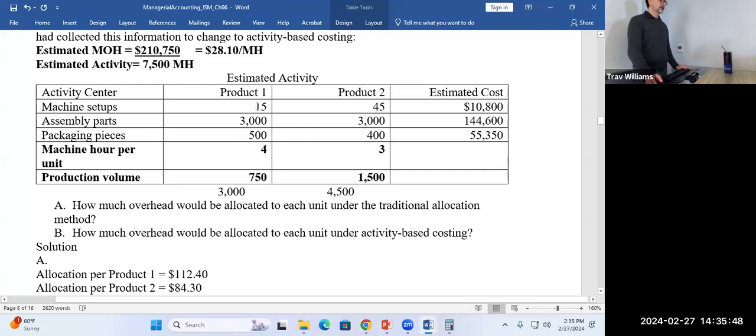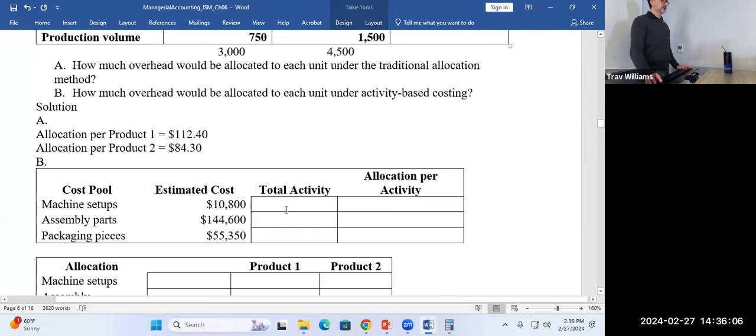60. We're expecting 15 for product one, not per unit, but just total. So 15 machine setups related to product one, 45 machine setups related to product two. So we'll add those together, and yes, that comes out to 60.